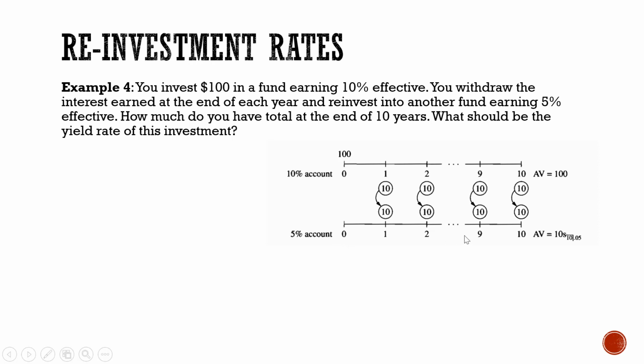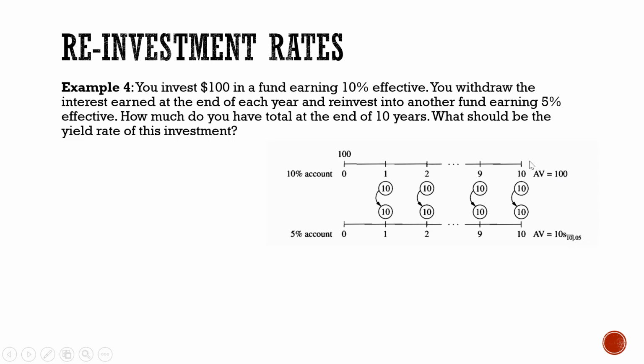And this is basically an annuity immediate. So the accumulated value of the second account at time 10 is 10 s angle 10 at 5%. Remember the second account earns interest at 5%.